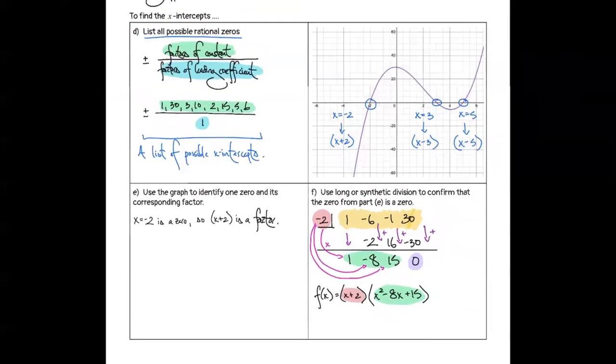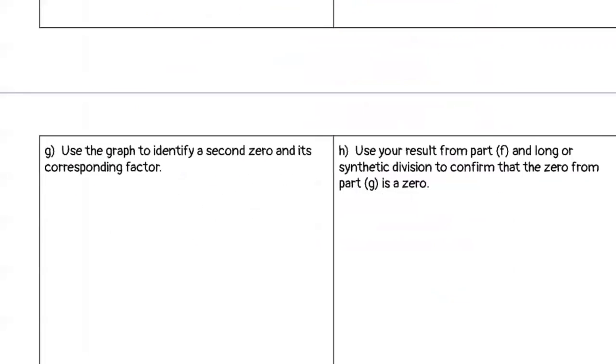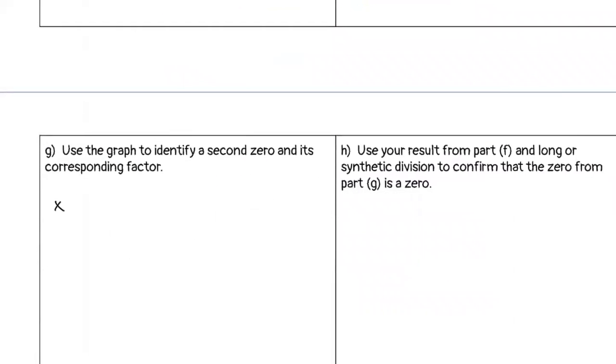So for the next part, part G, let's use x equals 3 as a 0. All right, so x equals 3 is a 0. So what's the factor that goes with that?